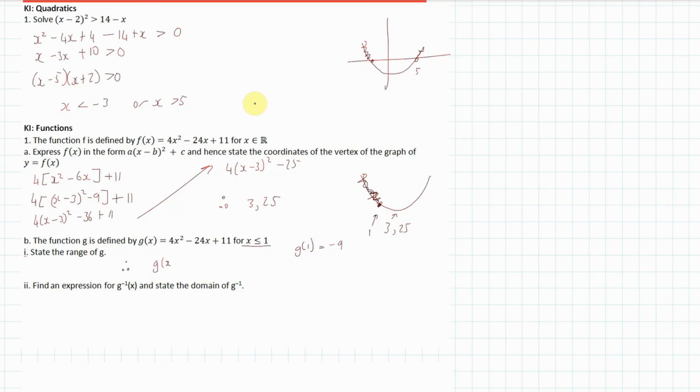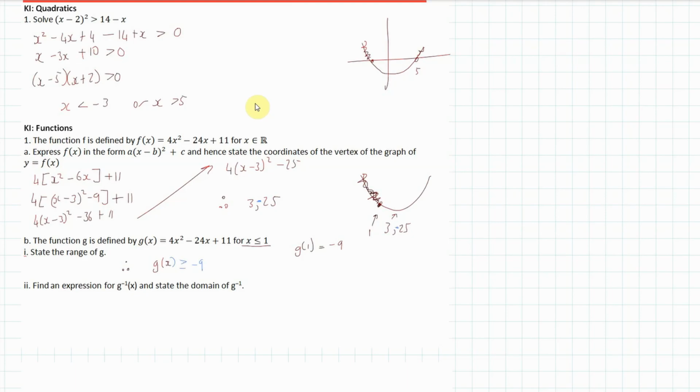I'm just having a mind block here, because how can it be negative 9 when we've got a 25 here? That's negative 25. Okay, so I should have a negative 25 there. Sorry team. Wake up, Mr. K. Okay, so g(x) is greater than or equal to negative 25 if the domain is less than or equal to 1.